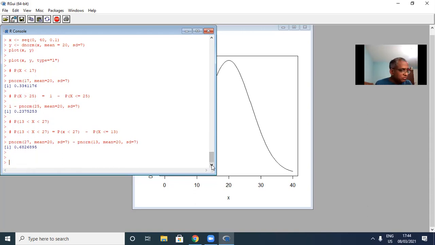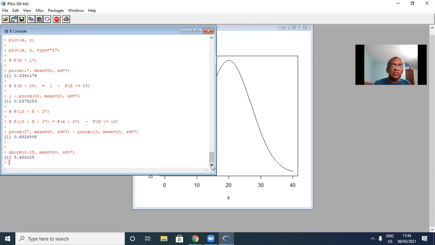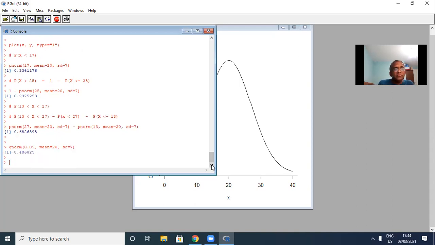Part 2 is to find the percentiles. All right, to find the percentiles, you use the command q norm. So to find the 5th percentile, q norm at 0.05, mean equal to 20, standard deviation equal to 7. So this gives the 5th percentile of a normal with mean equal to 20 and standard deviation 7, right?